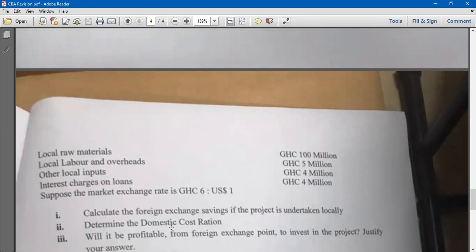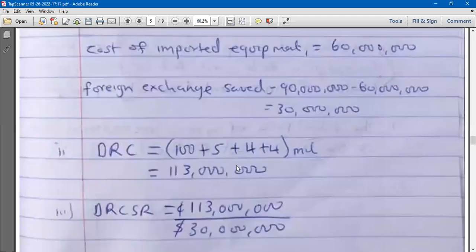So we've been able to find the first one, the foreign exchange savings. Now we have to determine the domestic cost ratio. That one, you first find the total cost of doing the thing locally with our local raw materials. So you just add the cost of all the things that we will use locally.